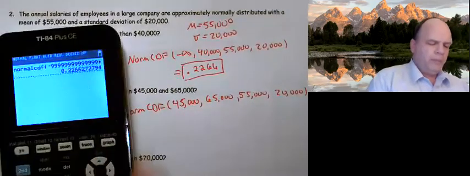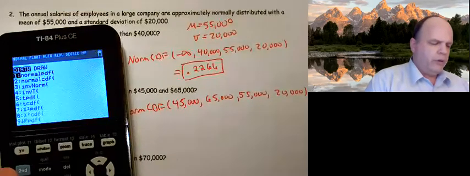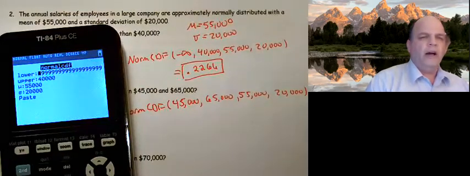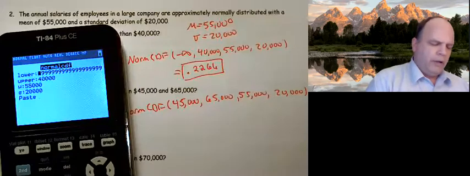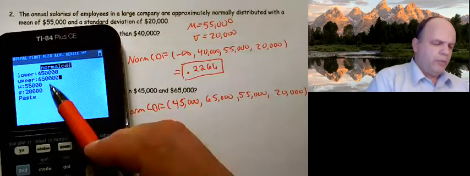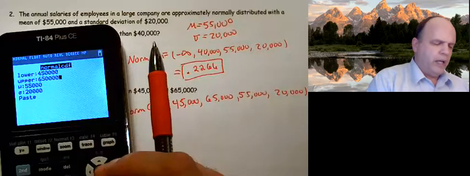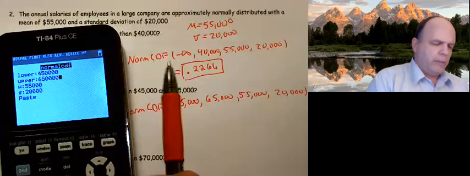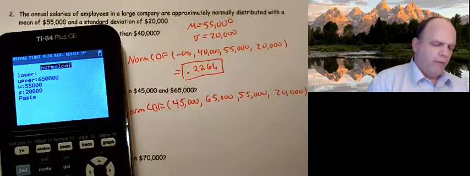So here we go. Second vars, norm CDF, lower bound 45,000, upper bound 65,000. I want to make sure I have the right number of zeros. I do not. So I got to go back and clear these out. 45,000, 65,000.